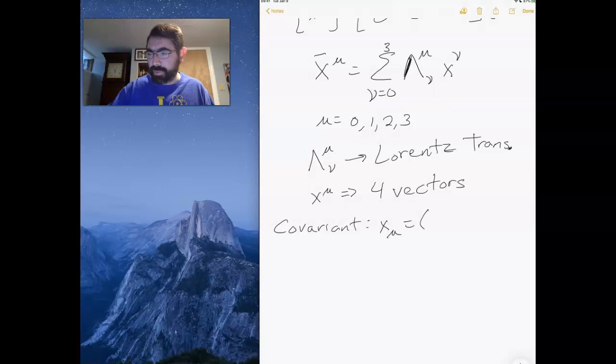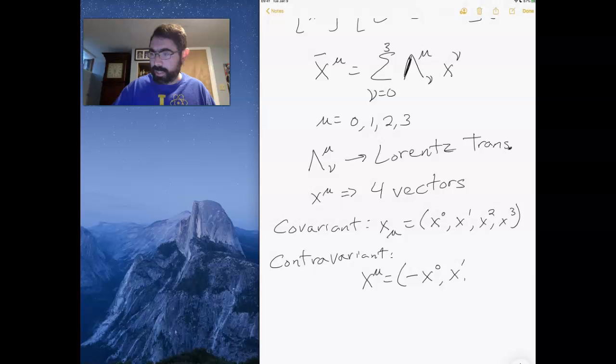In this case, it would be x0, x1, x2, x3, and we can write them as contravariant vectors, where it's in the superscript. And the difference now is that I have a minus ct, and x, y, and z stay the same. So that's the only difference. The minus sign comes about in the Lorentz transformation because it's essentially this cofactor. It's like a Jacobian that's multiplied through.